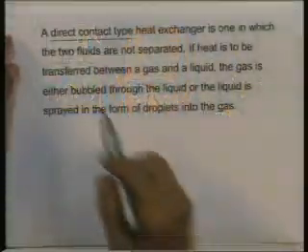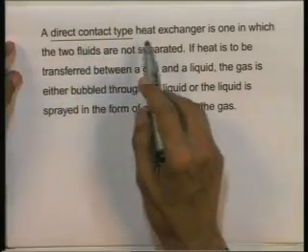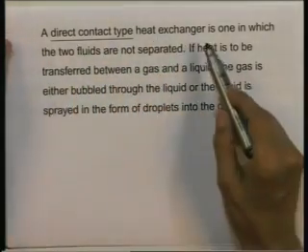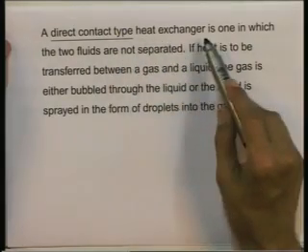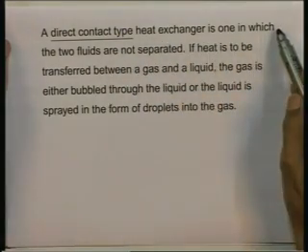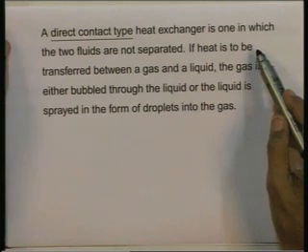And then the third type of heat exchanger, third broad classification, is what we call a direct contact type heat exchanger. What is this? A direct contact type heat exchanger is one in which the two fluids are not separated.